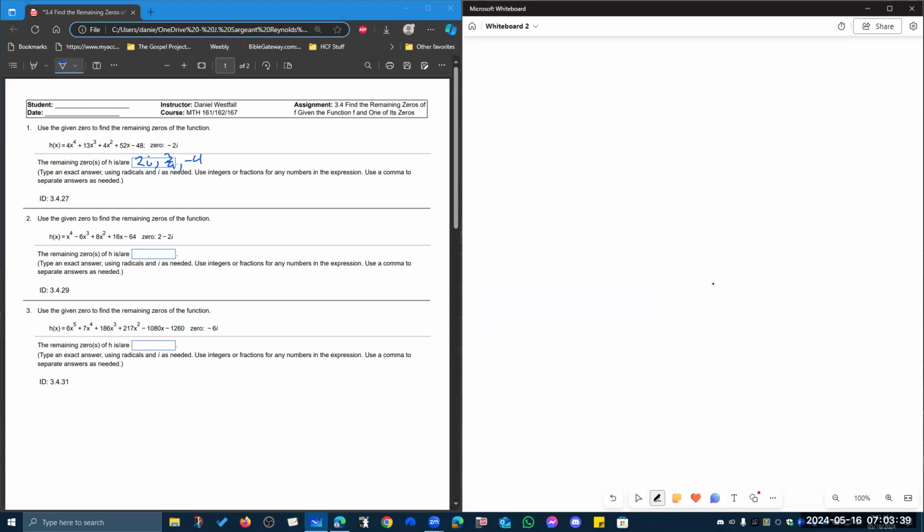We have h of x is equal to x to the 4th minus 6x to the 3rd plus 8x squared plus 16x minus 64. And we have x1 given to us as 2 minus 2i, which means x2 has to be 2 plus 2i.